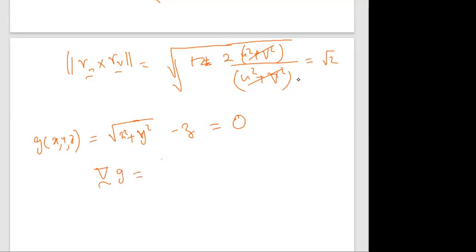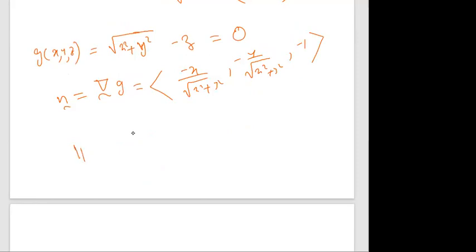So again, differentiate with respect to x. 2x minus x, I think. Minus y. Is this correct? I'm not sure. Negative y. And so this is the normal vector. Find the magnitude, then the unit normal.